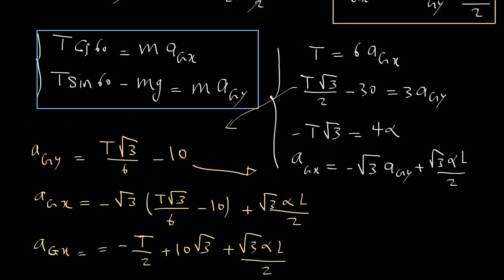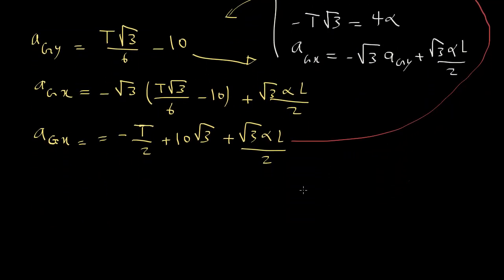And now let's substitute this equation for Agx into this equation. So T is basically 6 Agx. So T is equal to 6 times this term. So that would be minus 3T plus 60 square root of 3 plus 3 square root of 3 alpha L.